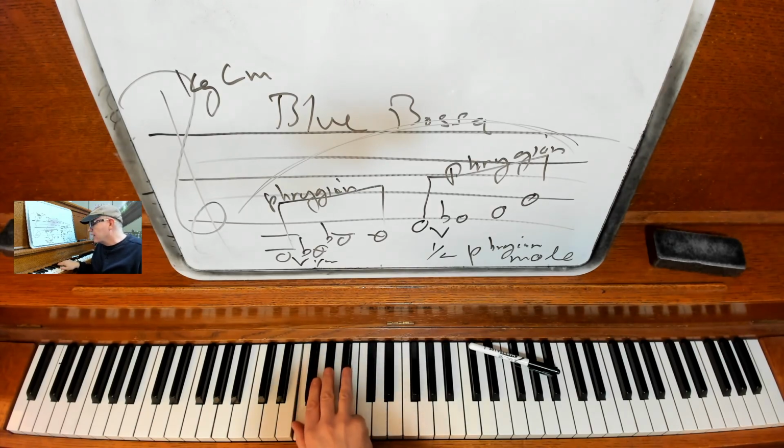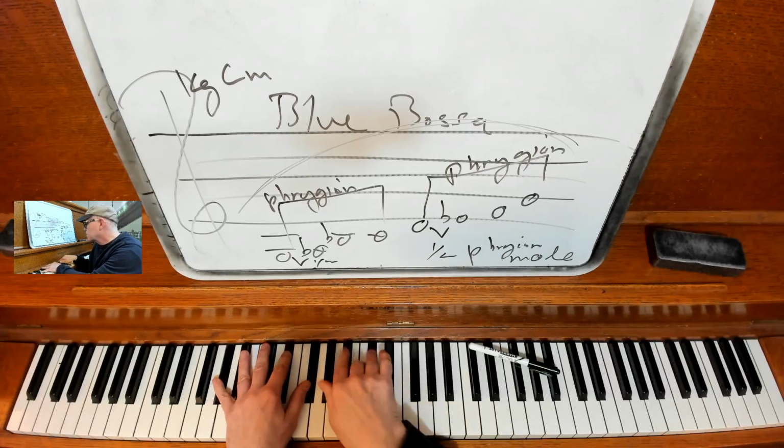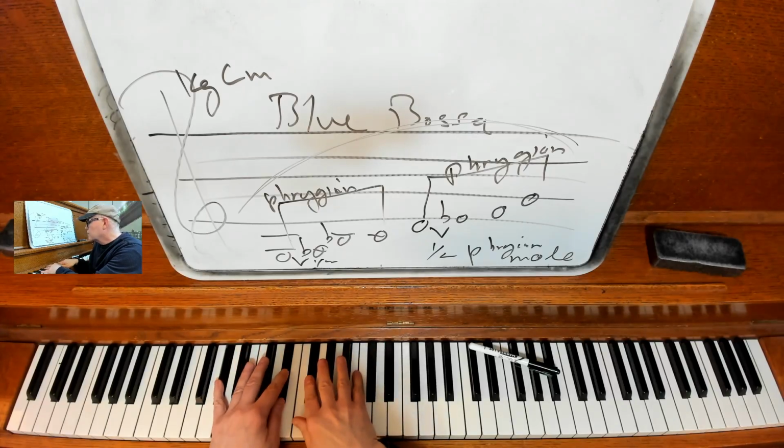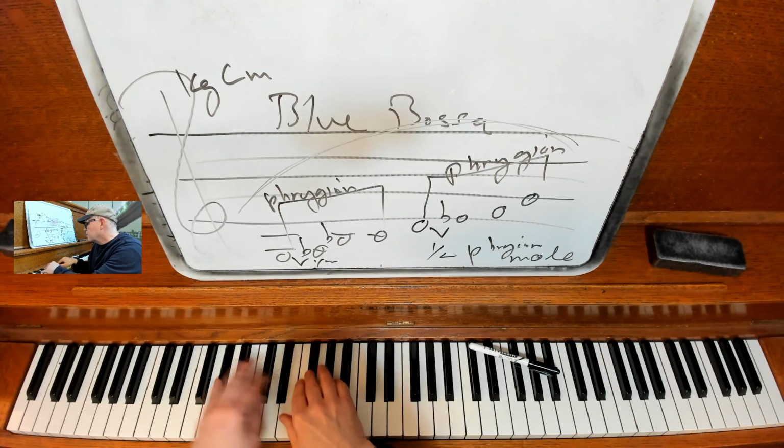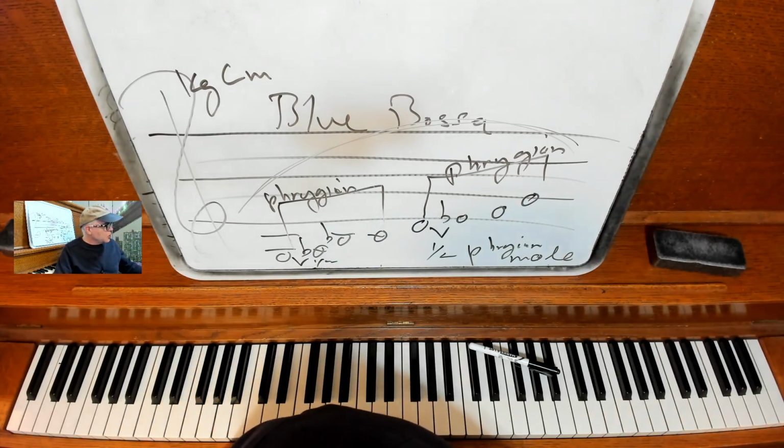It's hard to distinguish a root, but that's where the phrase comes to rest. That's the third of the D flat, right? So 5, and then suspension, resolution, right? That's the basis of the tune.